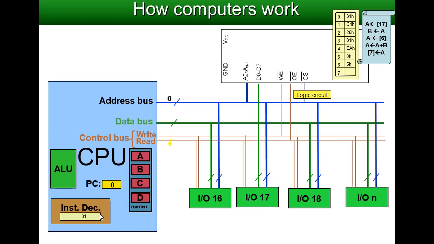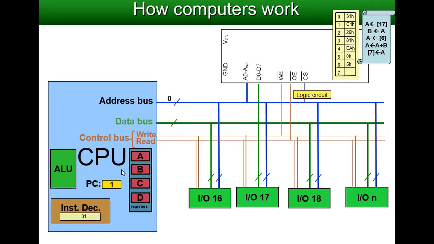This 31 moves to the instruction decoder, which will decode it. At address 0 we have this input 17, and this input 17 will move into register A. From here this 31 decodes and will give address 17.